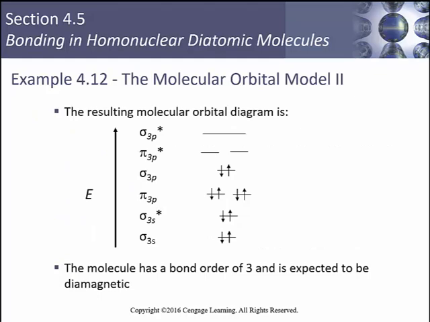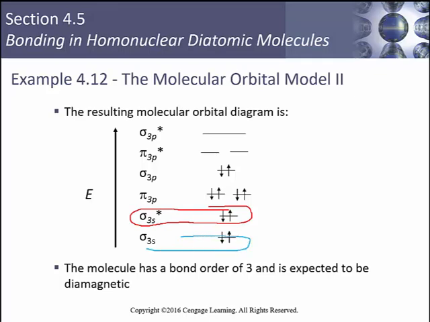So if we get our structure like this, and again, remember, I will give you these structures, we're going to put in our 10 electrons, 1, 2, 3, 4, 5, 6, 7, 8, 9, 10. The molecule is going to have a bond order of 3. So we look at all the ones in antibonding, we've got these that are in antibonding, and then we look at all the ones in bonding orbitals.